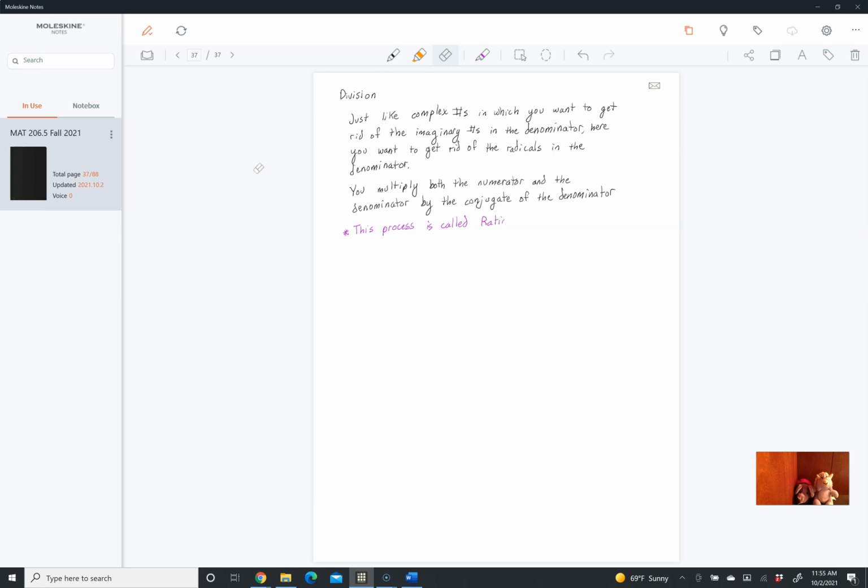The reason why we call it that is because a radical is an irrational number. So if you get rid of the radical, then what you're doing is you're rationalizing. You're coming up with a denominator that is rational, okay? So anytime that you hear us say, please rationalize the denominator, what we're saying is, make sure that you take out any square roots.